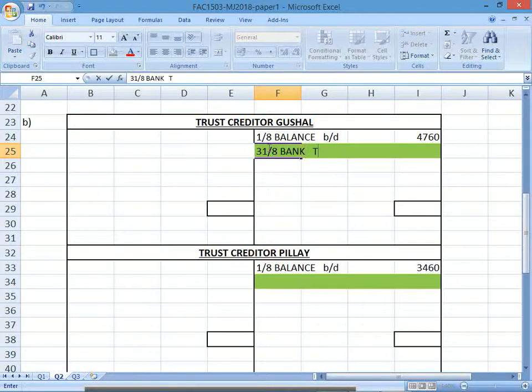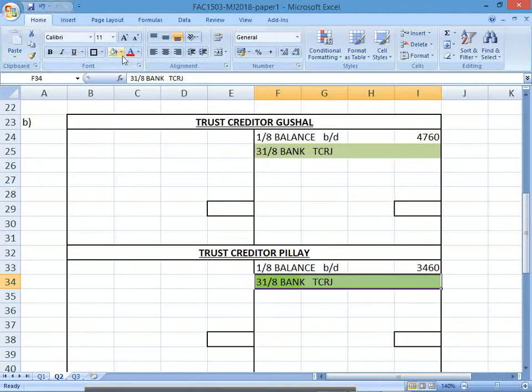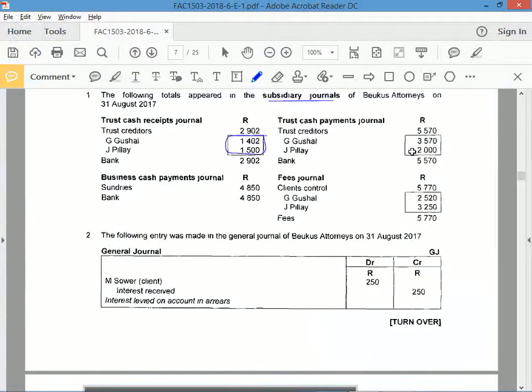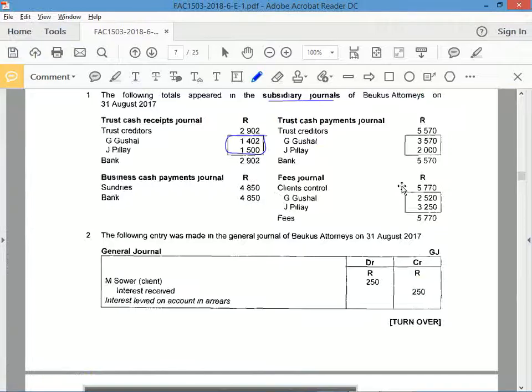This would have been the trust cash receipts journal. Copy paste. 1,402, 1,500. Okay, now I've looked at that.